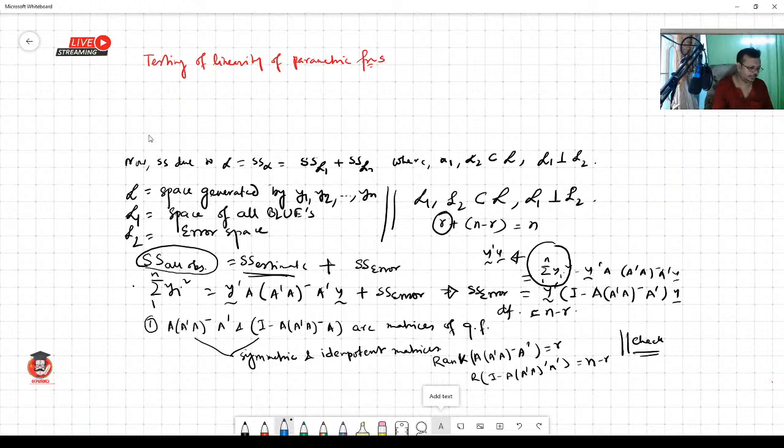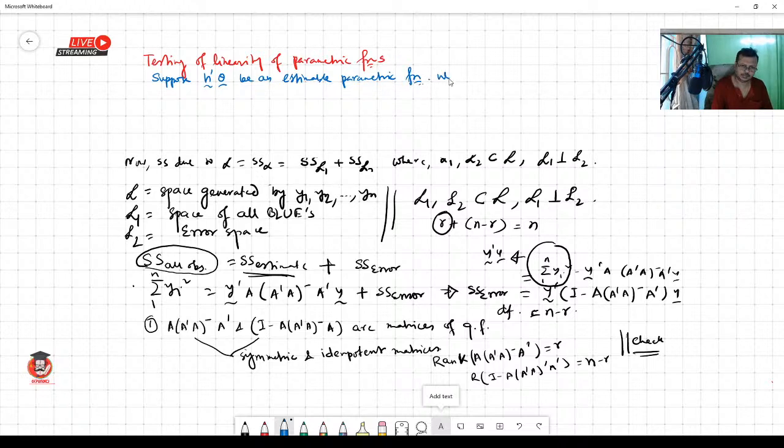Suppose h curl prime theta curl is an estimable parametric function.